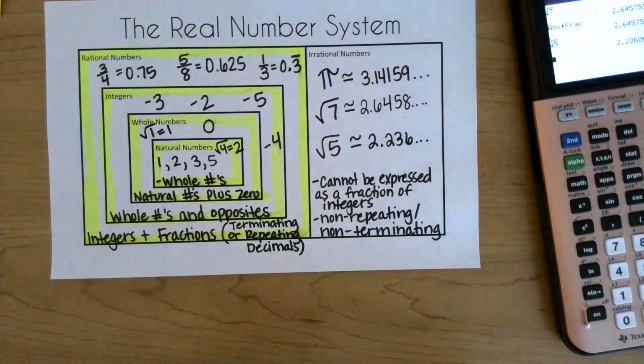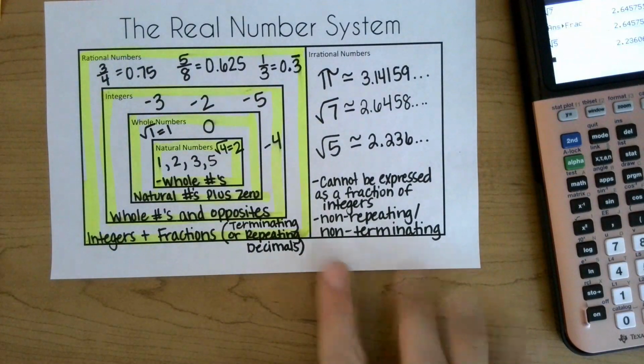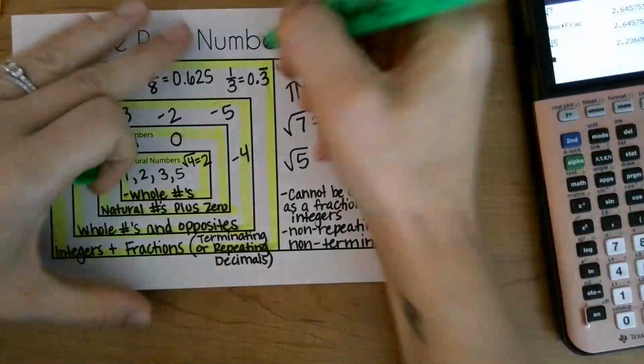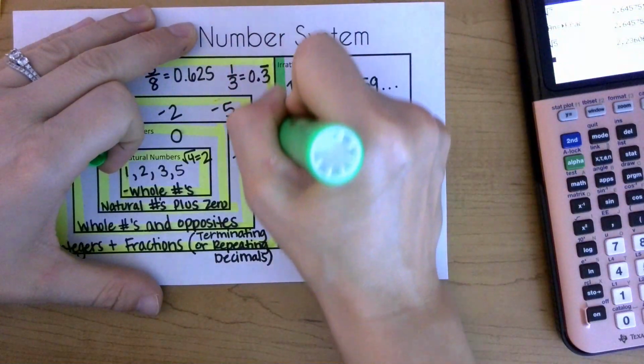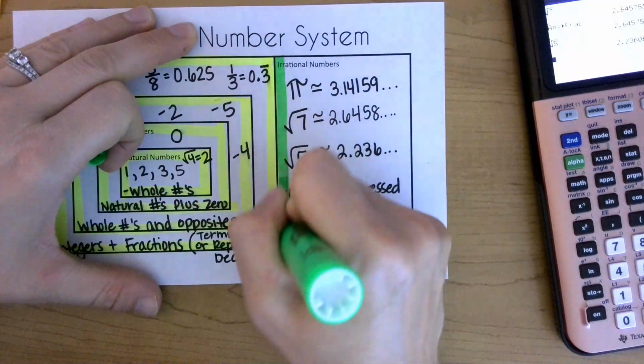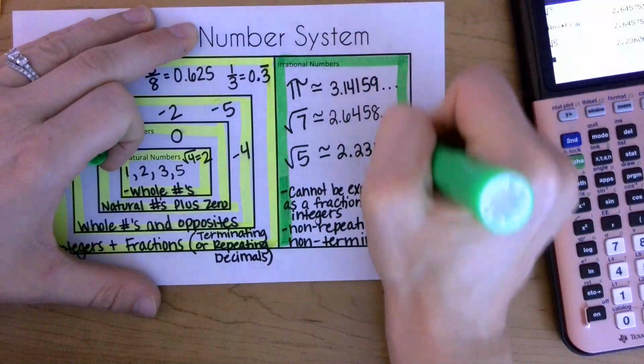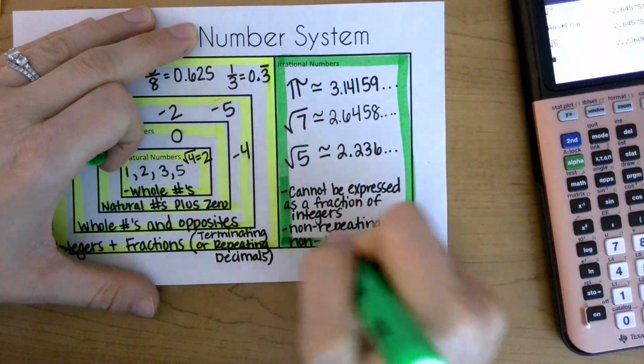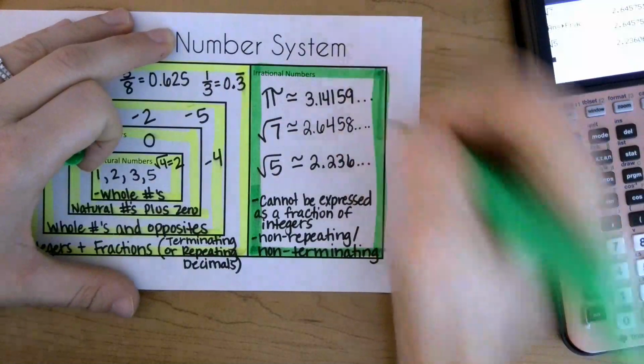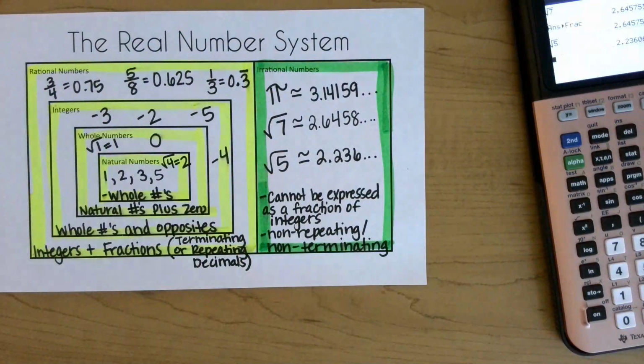All right, now I'm going to highlight the irrational numbers, the border green. And then I'm going to glue this on the next page in our notebook.